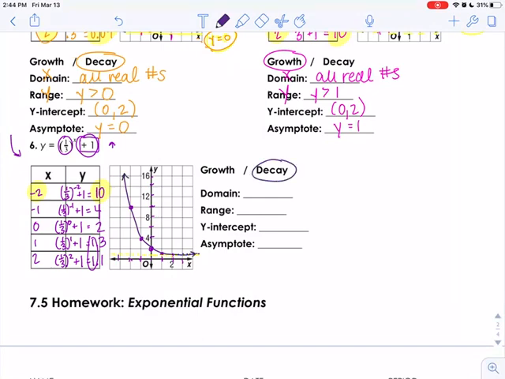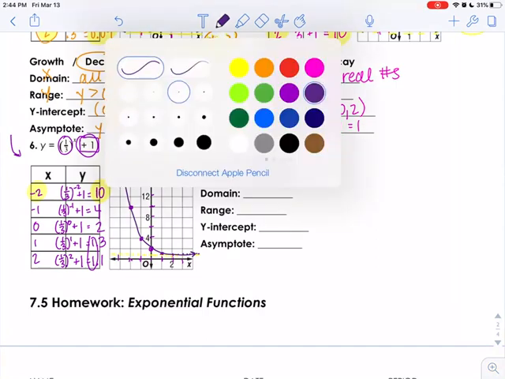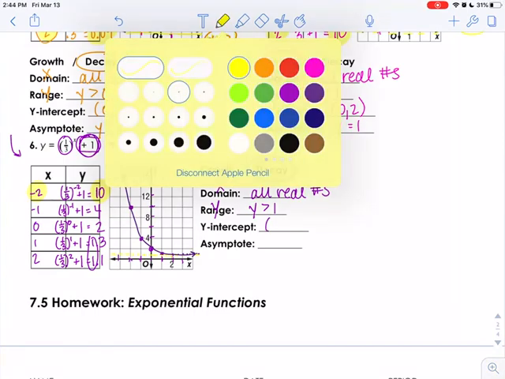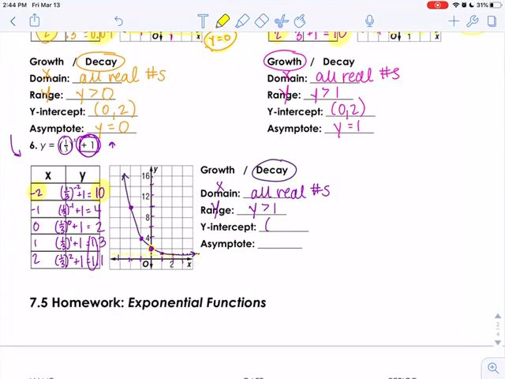Our prediction was correct. It is going down, so this is exponential decay. Our domain, which are the x values, they can be whatever we want, so all real numbers. The range, which is the y values, it has to be greater than 1 because of this number right here. The y-intercept is where it crosses the y-axis.